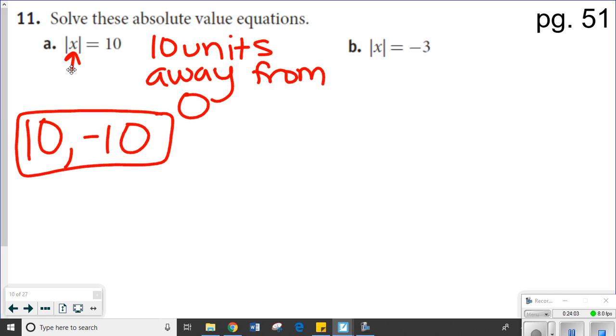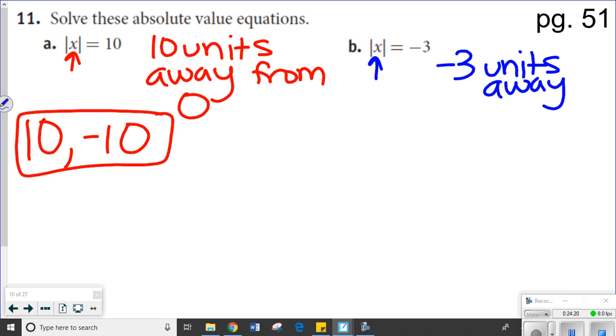-10 and 10. Now, remember, absolute value means distance away from 0. So this equation is saying which x values are -3 units away. Some of you in your research said the absolute value cannot be negative. I can't run -3 miles.